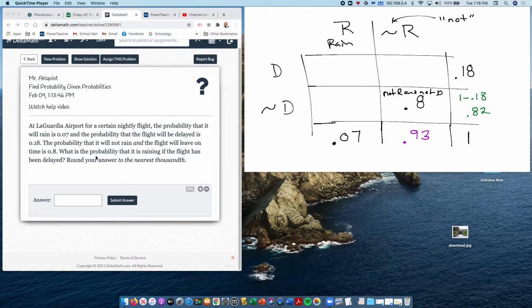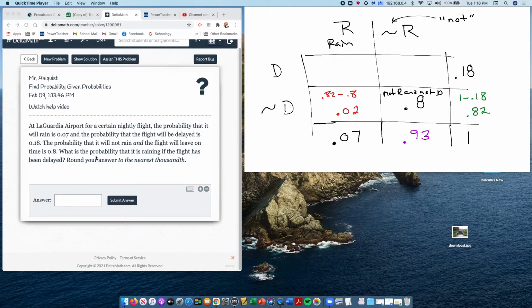Now, we have everything we need, because when you think about backing this up, when we think about the parts in here, we know that 0.82 minus 0.8 should give us this value, which is 0.02. Now back this up a little further.